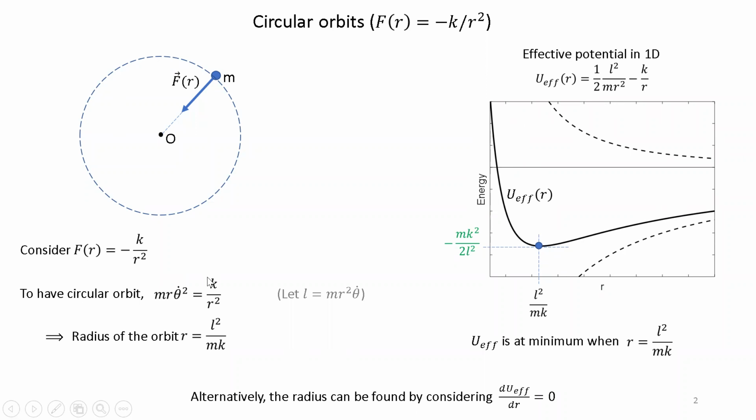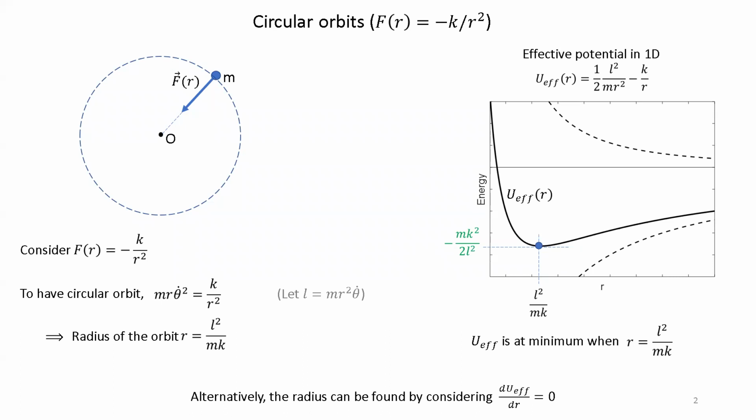So you can either start with this equation of motion, or you can look at the effective potential curve and find this extreme point, the minimum point in this case, to look for the radius of the orbit.